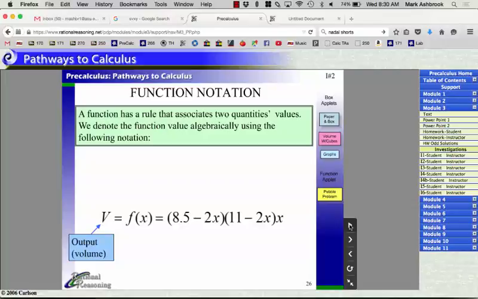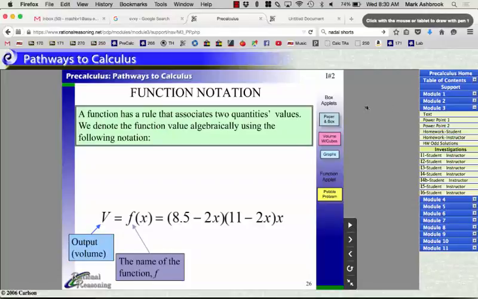The output is the volume. f, just f by itself, is the name of the function, what we name the function. These are going to be important terms because it gives us a way to talk about these. So let's list this. We got output, name, make a list here.